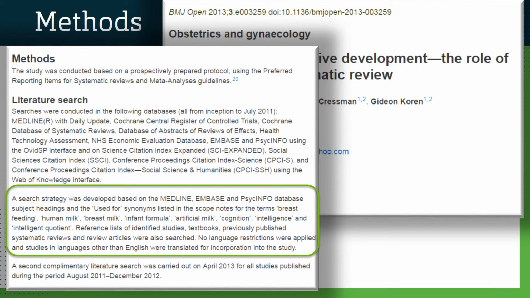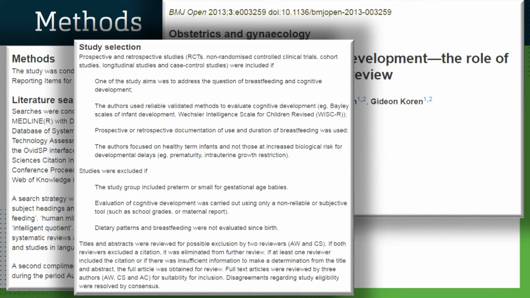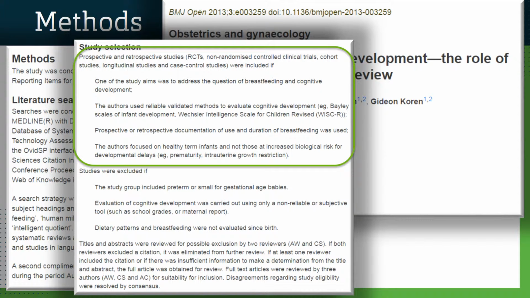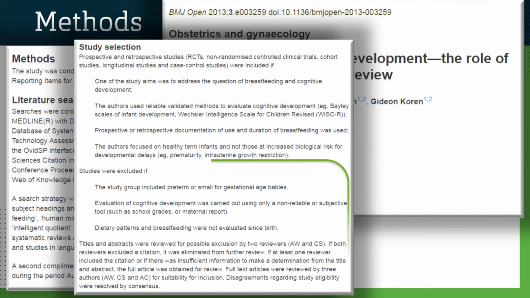The authors then outlined which studies they chose to evaluate, including those which aimed at the question of breastfeeding, those which used reliable evaluation methods, and those which focused on healthy infants. They also outlined studies which they chose to eliminate, including those which included preterm or small babies, those which did not use reliable evaluation methods, and those which did not evaluate the baby's dietary patterns since birth.